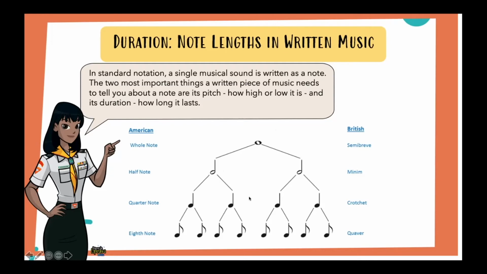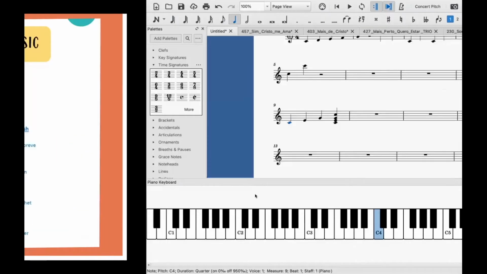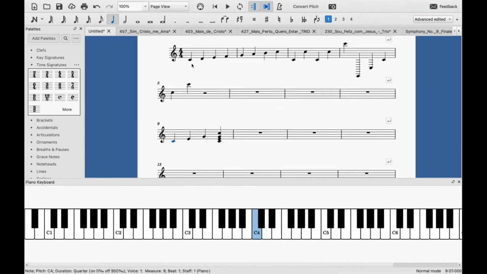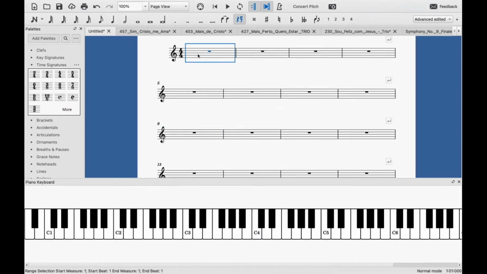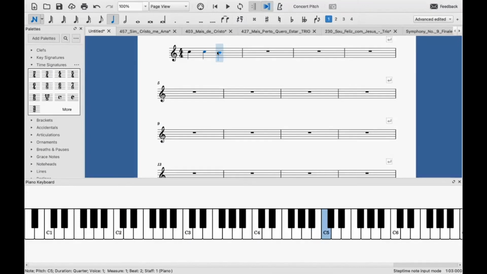Let's try to understand this in the music. I'm going to delete what I have written here for you, and let's go back. I'm going to type here C, and then C again, but I'm actually going to start with the semibreve, okay?